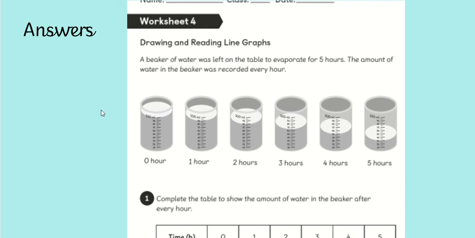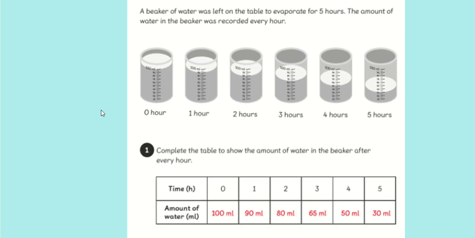Okay then, so our first question was to complete the table to show the amount of water in the beaker after every hour. So all we needed to do was carefully read these beakers and pop the values in. So it started out at 100 millilitres. We put that in. After 1 hour, it had gone down to 90. Put that in. Then it had gone down to 80 at 2 hours.